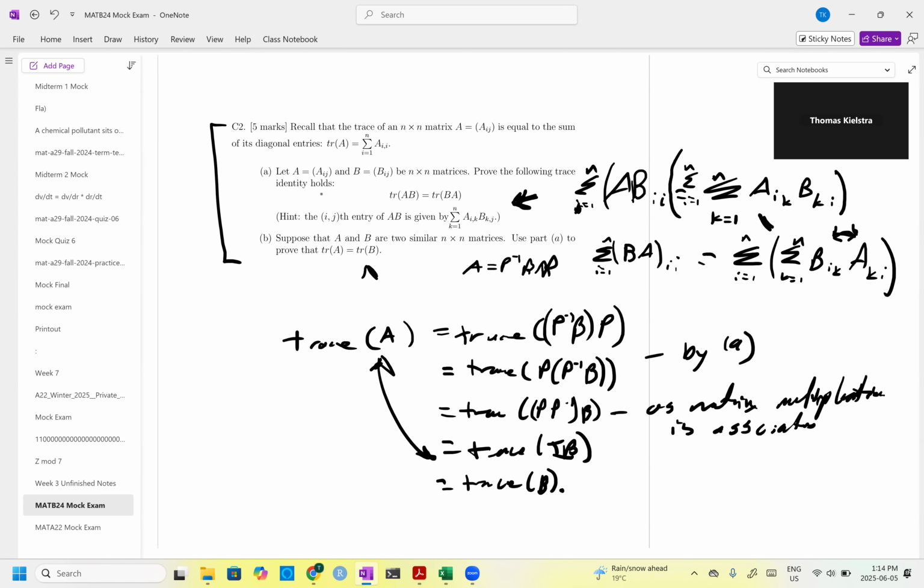Just here, k's first, here's i first. But let's see what happens. So let's swap our sums: the sum of k equal 1 to n of the sum of i equal 1 to n of A k i, B i k. We both swapped our sum and swapped our order, so technically I should do it in one step.